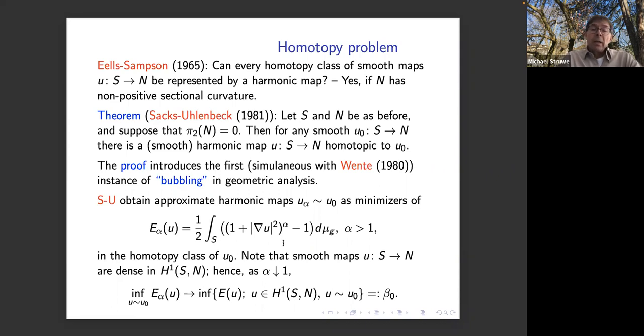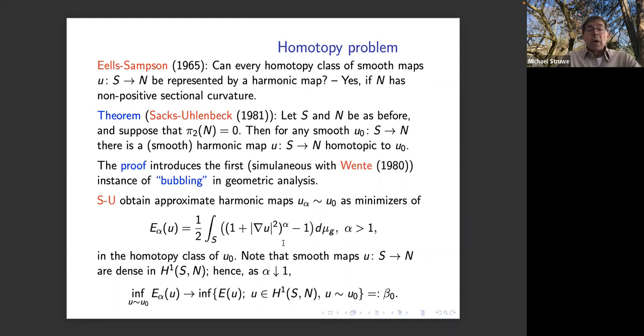Now, luckily, such smooth maps are dense in the Sobolev space H^1 of maps from S to N, and therefore, as alpha converges to 1 from above, we see that the infimum of the E_alpha energy in the homotopy class given by u0 converges to the infimum of the Dirichlet energy.